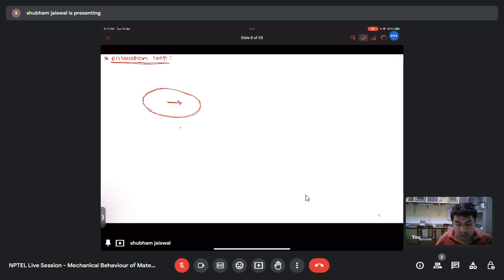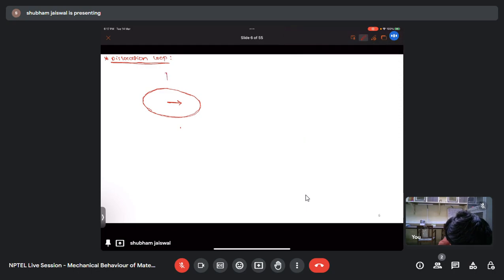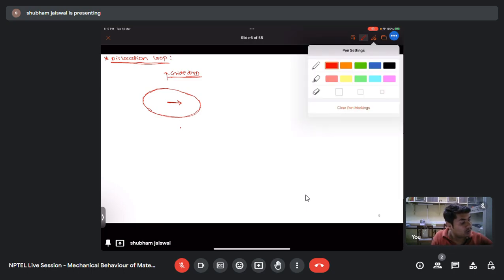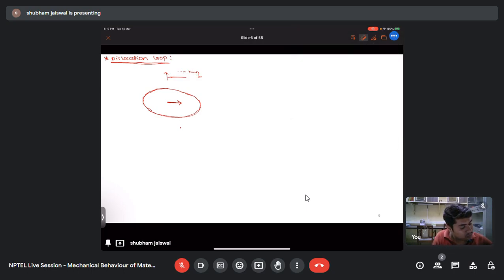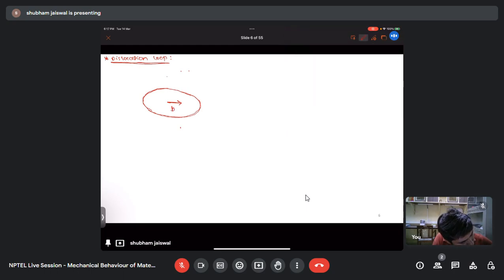So this is the glide direction. So this is our dislocation, and this is the direction of the Burgers vector.